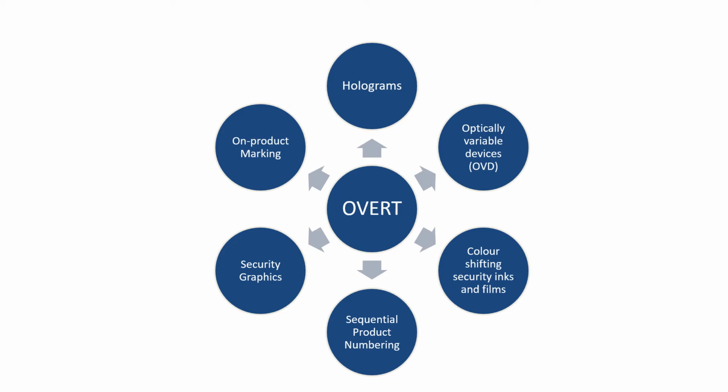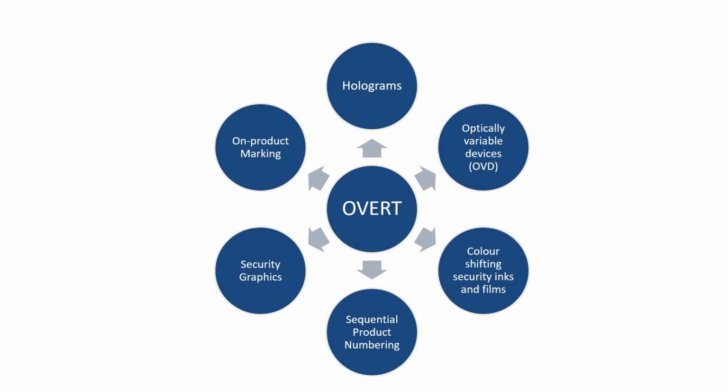Then security graphics or on-product markings. These are devices which are pasted or utilized on the packaging components. When the product is tampered with, you cannot reproduce that device, which results in clear visible identification that the product has been tampered with and counterfeited.